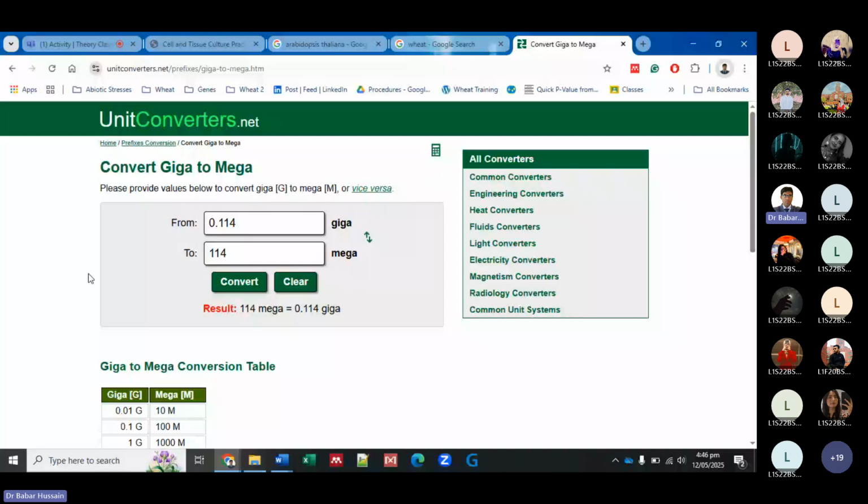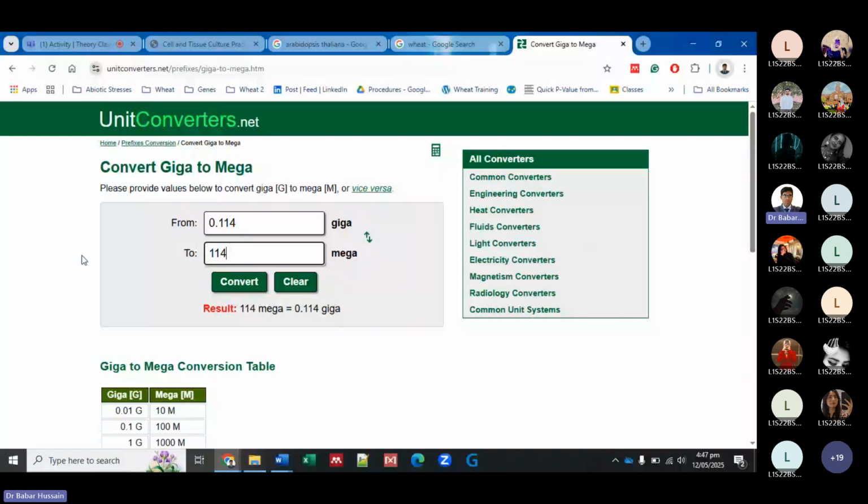Which means that if you multiply it with 9, and are you understanding it? Yes, sir. If you multiply 114 mega by 9, it will be 1 gigabase.